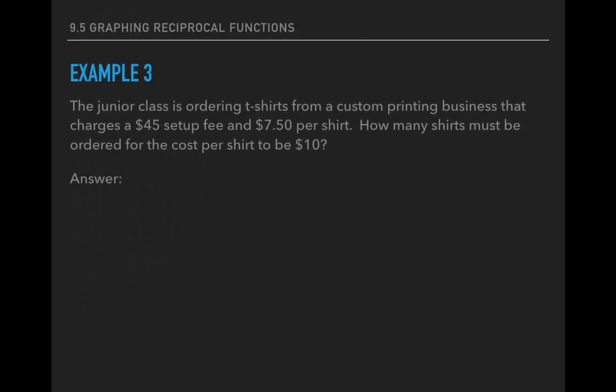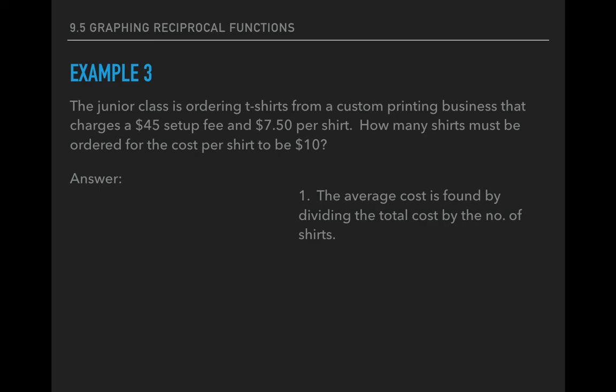Last example here, a word problem that we're going to solve with reciprocals. The junior class is ordering t-shirts from a printing business that charges $45 for a setup and $7.50 per shirt. What we want to know is how many shirts have to be ordered for the cost to only be $10. Well, we're trying to find the average cost, the cost divided by the number of shirts.